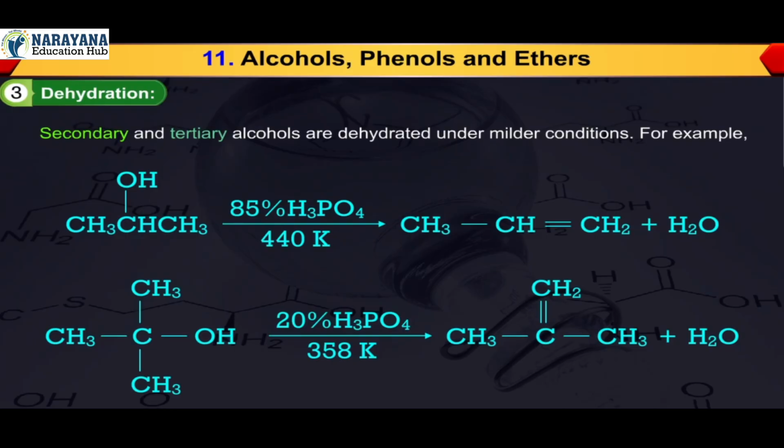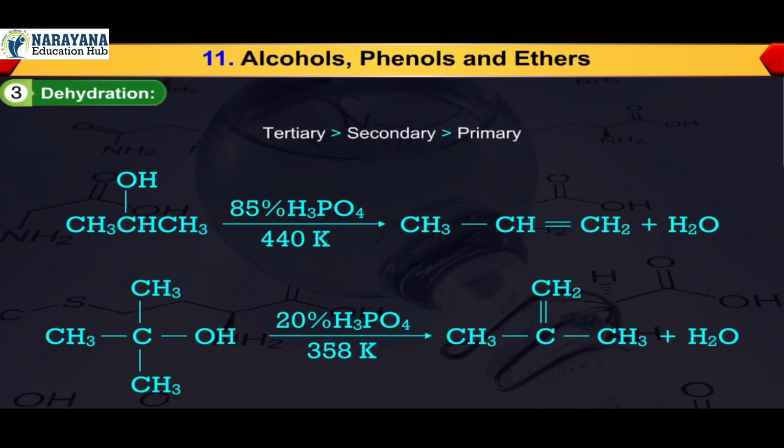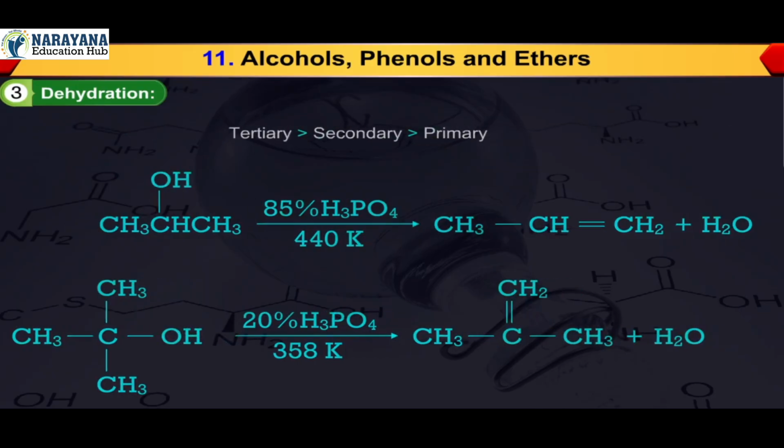(CH3)3C-OH in the presence of 20% H3PO4 at 358 Kelvin gives (CH3)2C=CH2 plus H2O. Thus, the relative ease of dehydration of alcohols follows the following order: tertiary is greater than secondary is greater than primary.